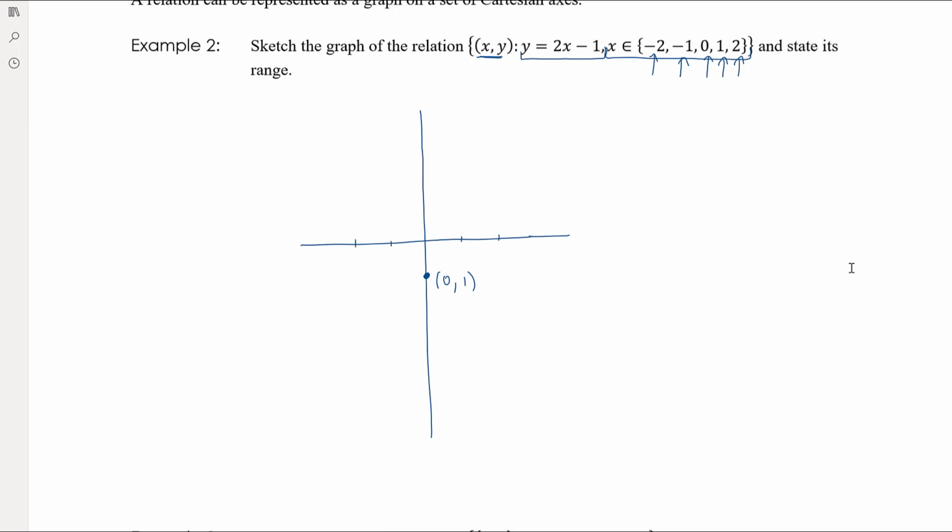So when x equals 1, y equals 2 minus 1, which is 1. When x equals 2, 2 times 2 is 4, minus 1 is 3. So 1, 2, 3. Right, when x equals -1, 2 times -1 is -2, minus 1 is -3.